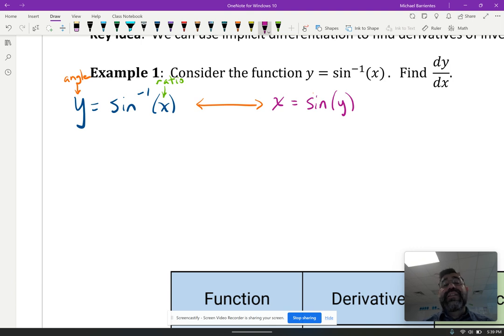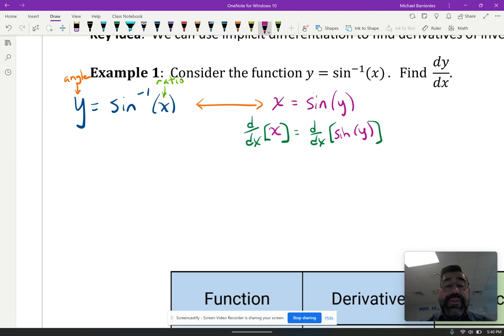We're now going to take the derivative of the inverse function, and we're going to take the derivative implicitly. So we're going to find d/dx of this side and d/dx of the other side. So we're going to take the derivative with respect to x of x and of sine y.